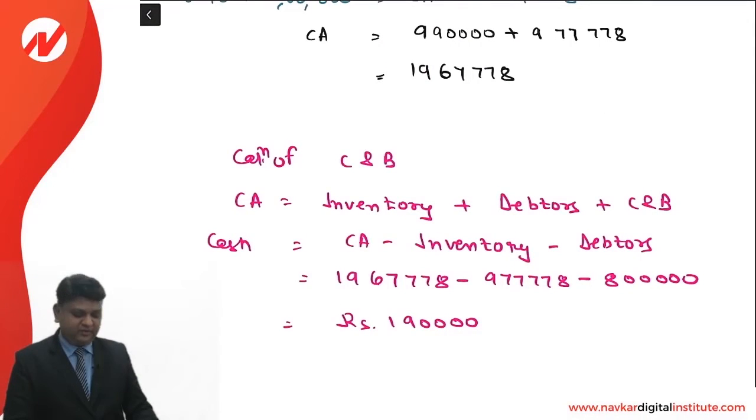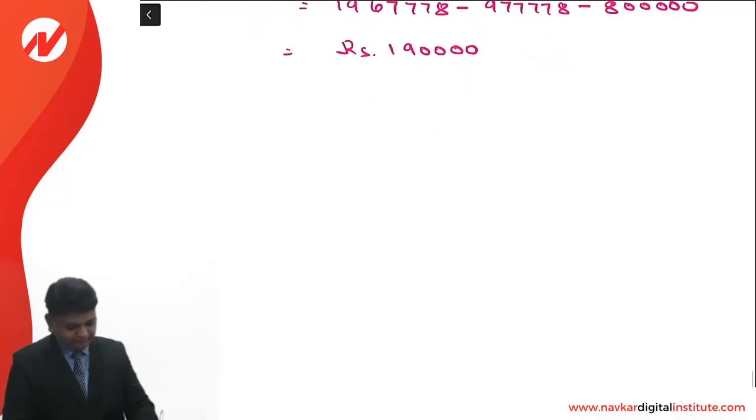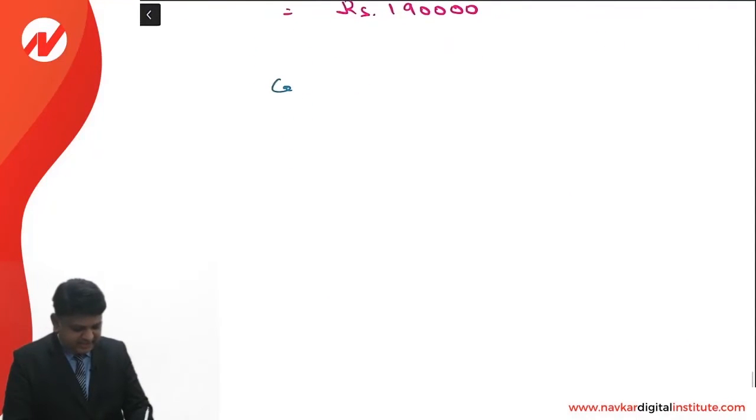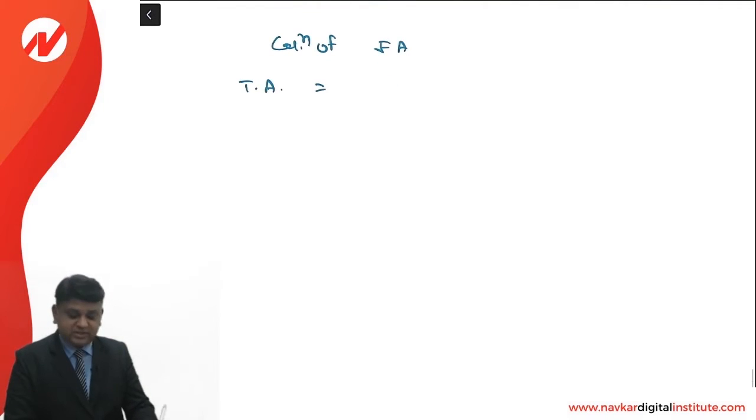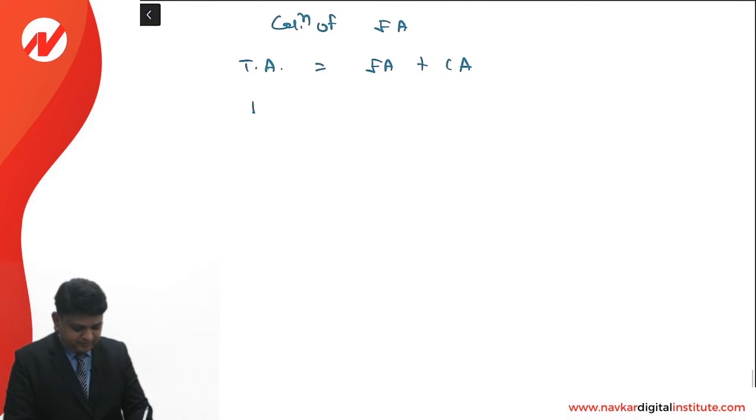The fixed asset will be found as balancing figure. Lastly, calculation of fixed asset. Total assets is equal to fixed asset plus current assets. So fixed asset is total assets minus current assets.